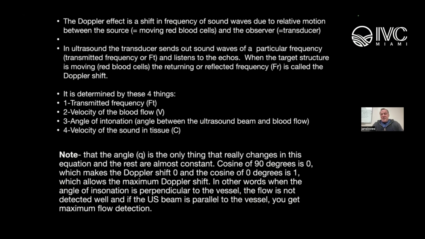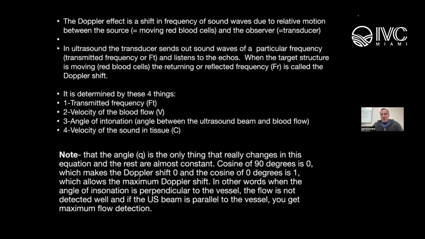The four things that we really need to understand are, of course, the transmitted frequency, the velocity of the blood flow, the angle of insonation, and the velocity of the sound in tissue. I just want to make a note here that the angle is the only thing that really challenges us in this equation, and the rest is almost constant.